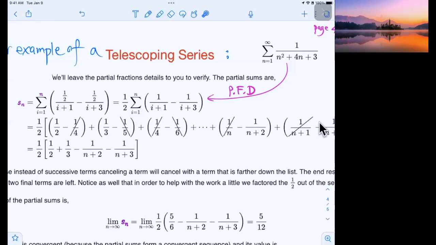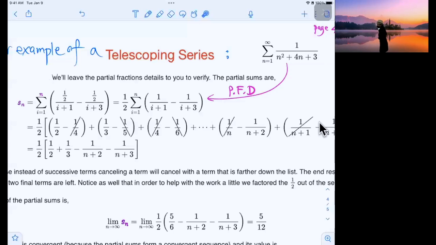Substitute 2 into it, that's 1/3 minus 1/5. Substitute 3 into it, 1/4 minus 1/6. And then for the n-th term, it's going to be this one: 1/(n+1) minus 1/(n+2). But what's the term that's left before this? The term left before this is 1/n minus 1/(n+2).